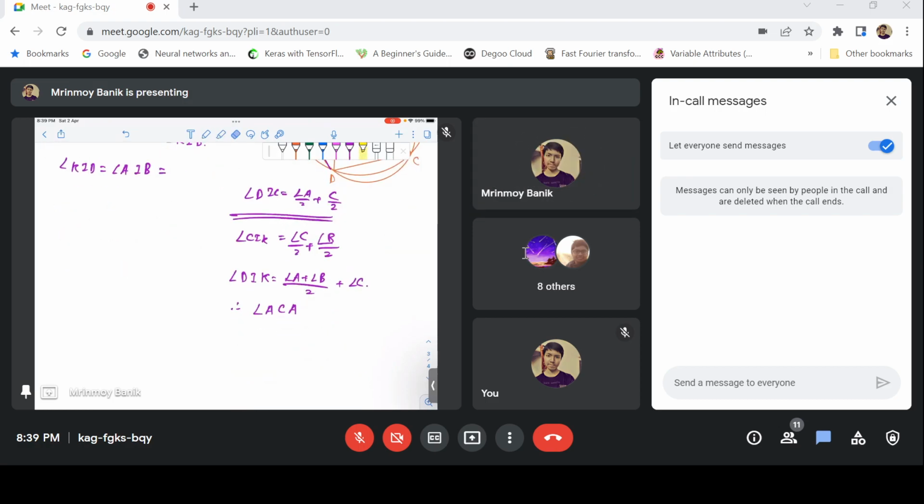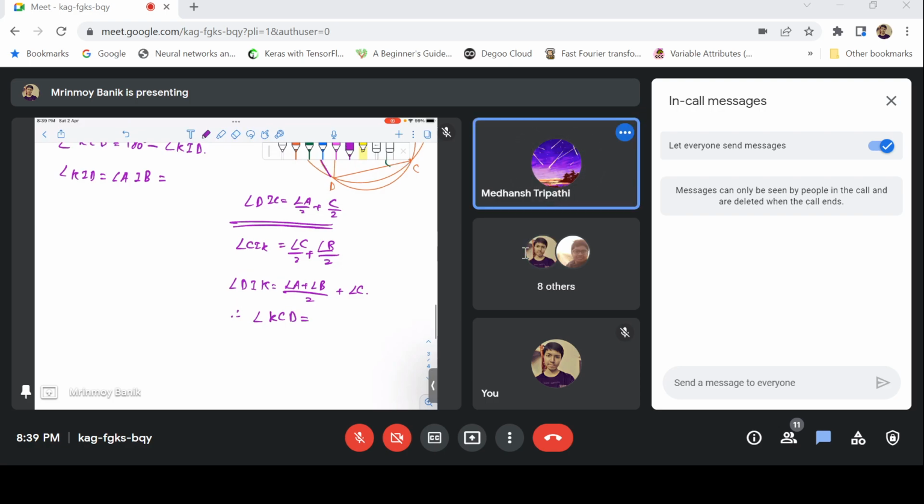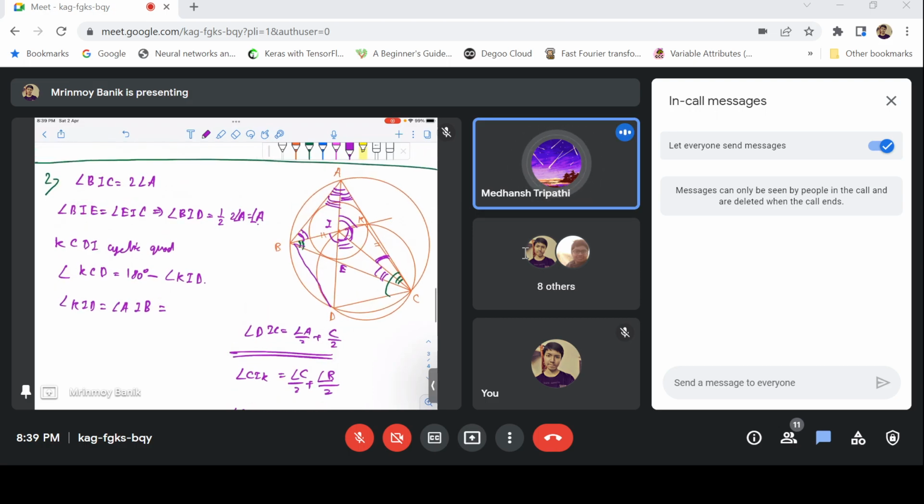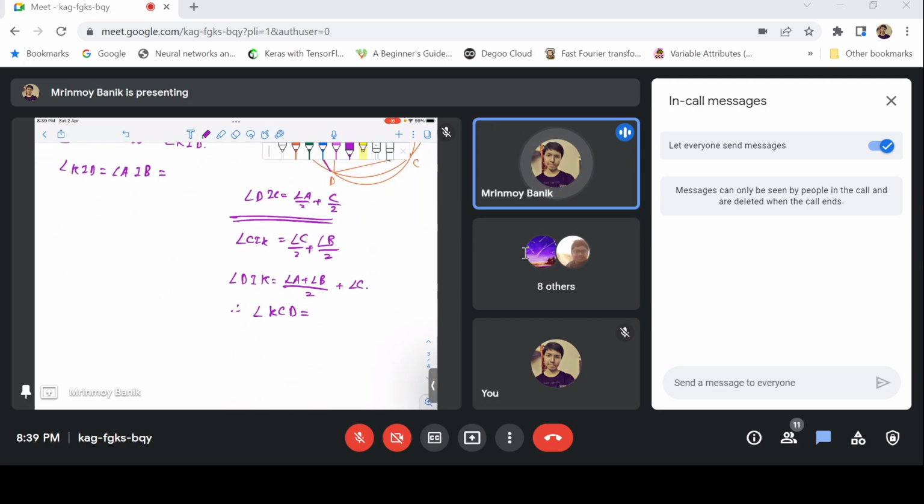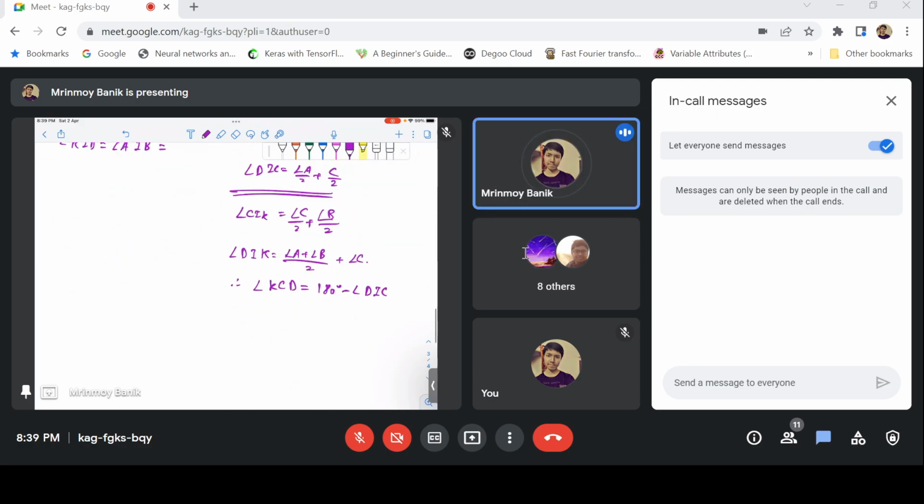Not ACD, sorry, KCD. So KCD is 180 minus DIK. That is 90 minus C by 2, 90 minus C plus 90 minus A plus B by 2, which is basically A plus B by 2, right?